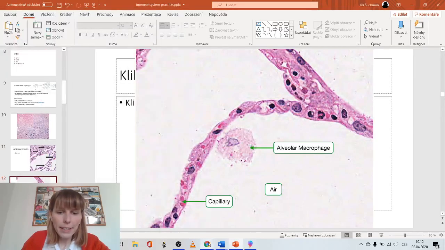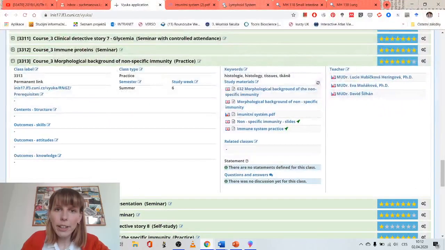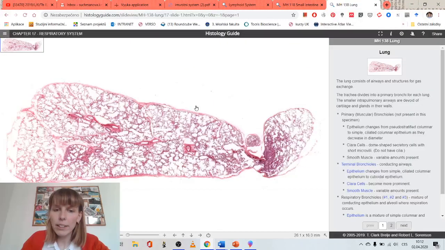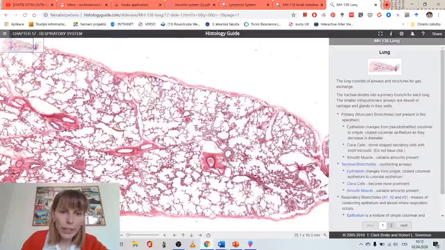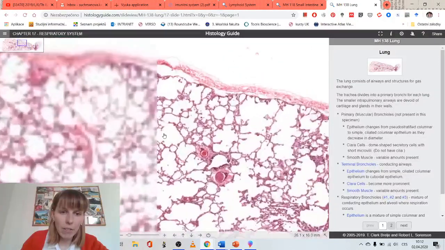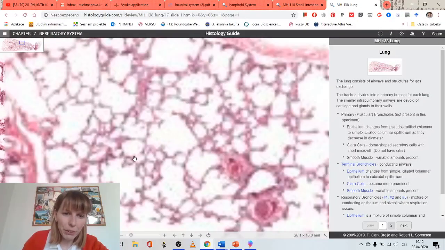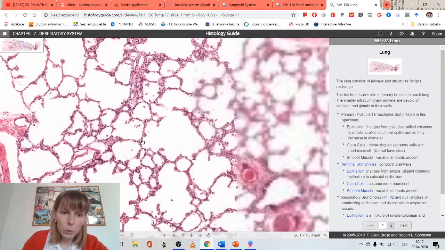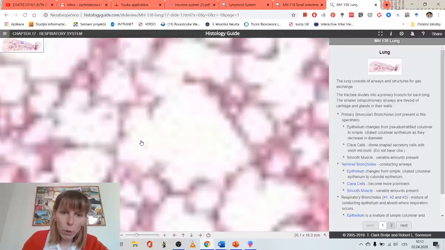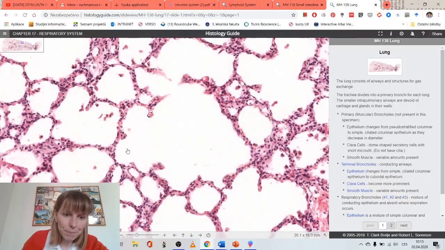Yes, let's take a look in the Histology Guide, and I have the lung here. If we take a look at the lung, we see some bigger airways, but we want to go inside the alveoli, inside the part where you really have the respiration happening. Here it's kind of slow. Sorry.